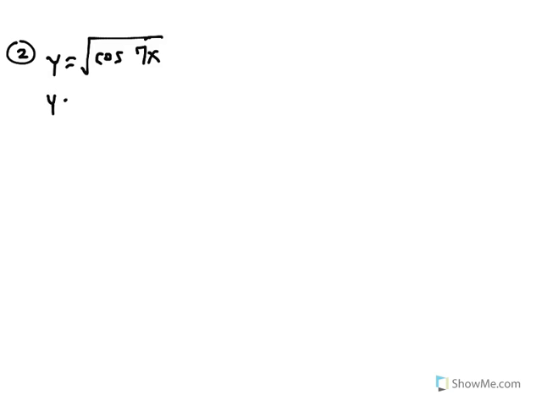You can write it another way. You can write it as cosine of 7x raised to the 1/2 power. So you can now identify your functions. Your inside function is 7x. Your middle function is cosine, and your outside function is raising to the 1/2 power.